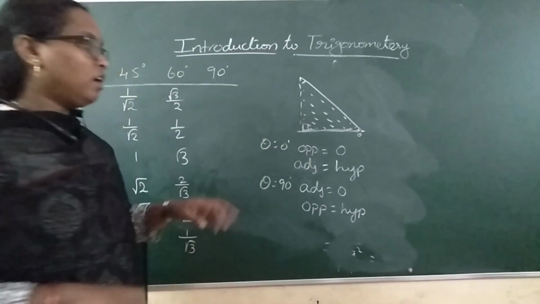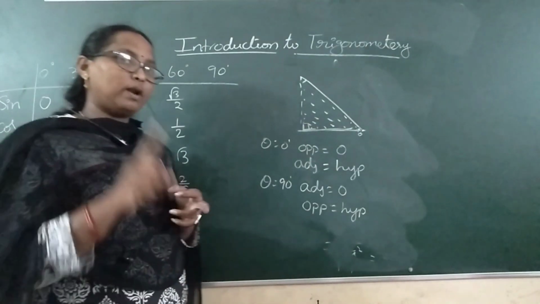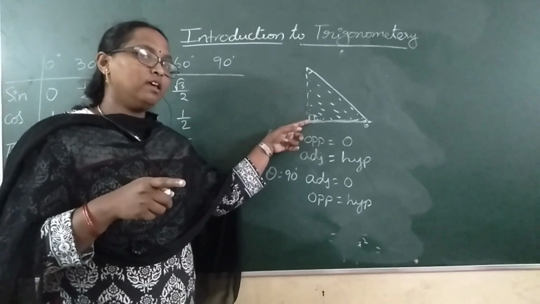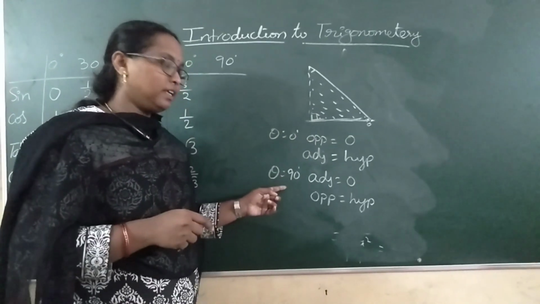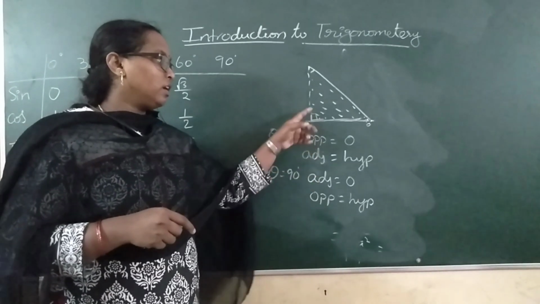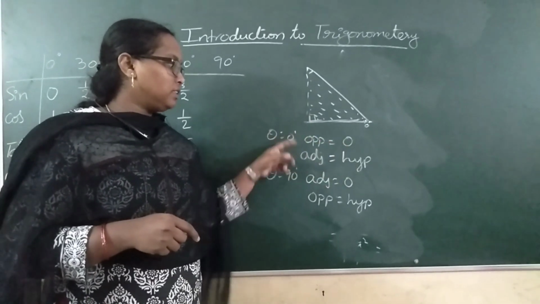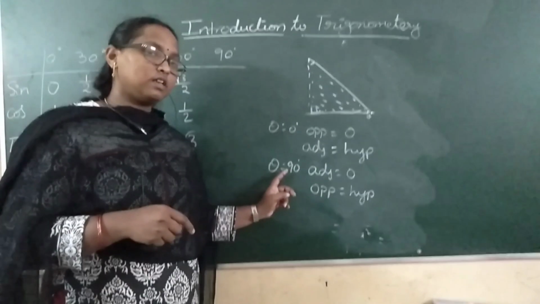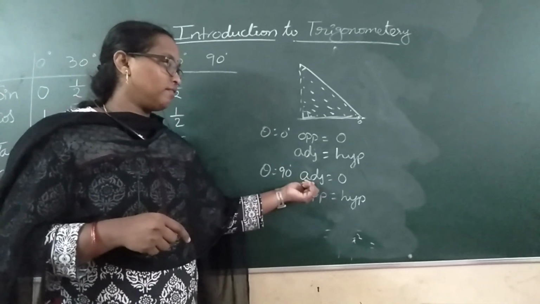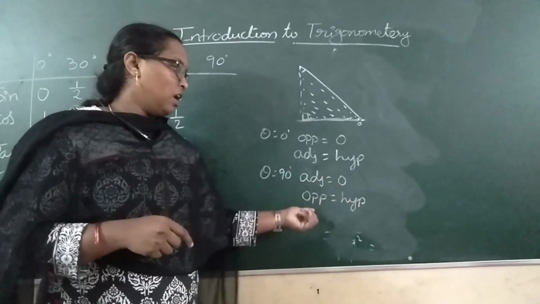Correct, no? In a triangle, one angle is fixed at 90 degree. Then what will the other angle become? 90 degree concept only. So for 0 degree opposite is 0, but is adjacent existing or not? In this case, it will become 90 degree. That is nothing but theta equal to 90 degree. Adjacent value will become 0 now in this case, and opposite will become hypotenuse.